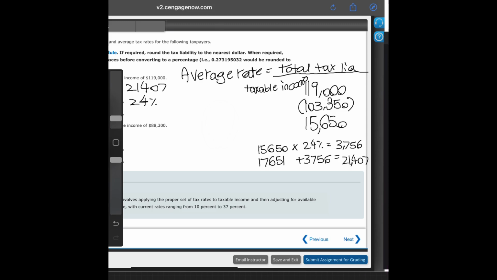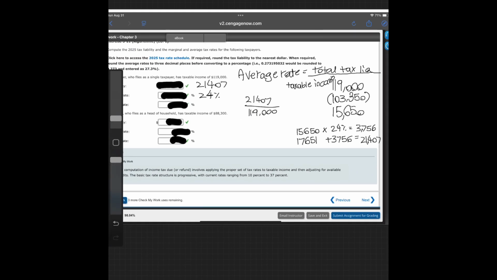Okay, so what does that look like? That looks like 21,407 over 119,000. So that will give you a result of 0.1798. Move it twice, and then it gives 18%. That's what it rounds to.